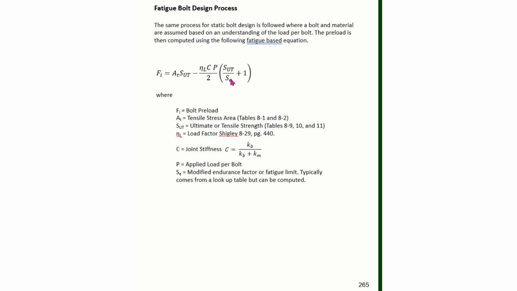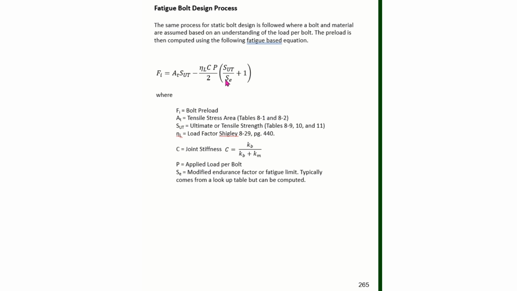where Se is the modified endurance factor or the fatigue limit. For bolted joints, this typically comes from a lookup table. Later on, when we talk about fatigue this semester, we will spend a significant amount of time computing modified endurance limits or endurance factors for different scenarios.